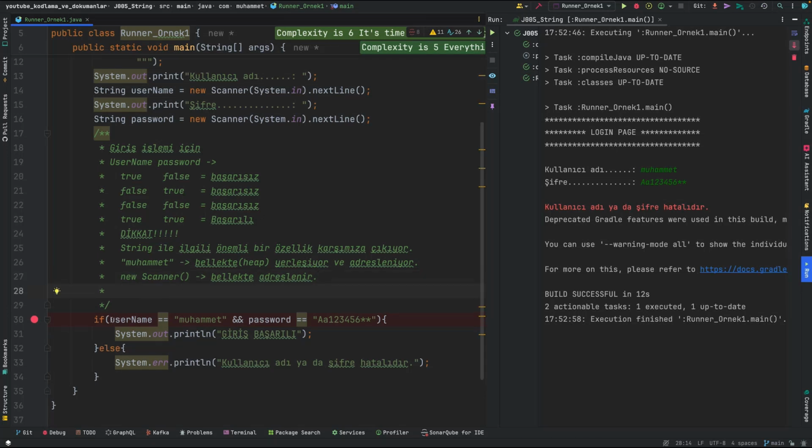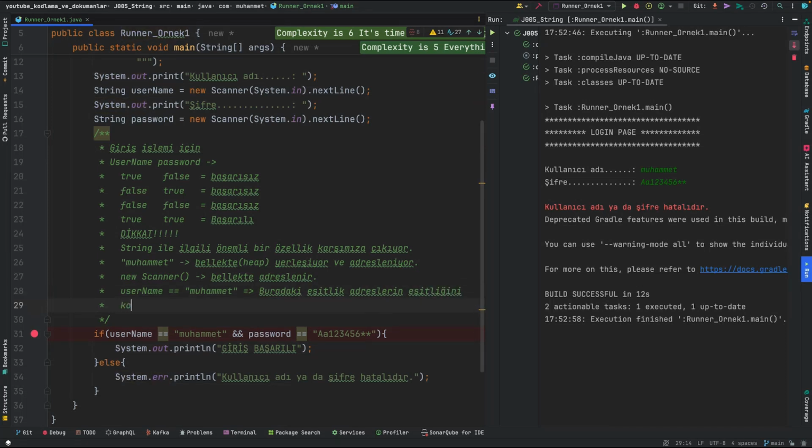Now, when you do this, username equals Muhammad. When you do that, the equality check performed here verifies if the memory addresses are precisely equal. So, is the address of username equal to the address of the string Muhammad? That's what it checks.